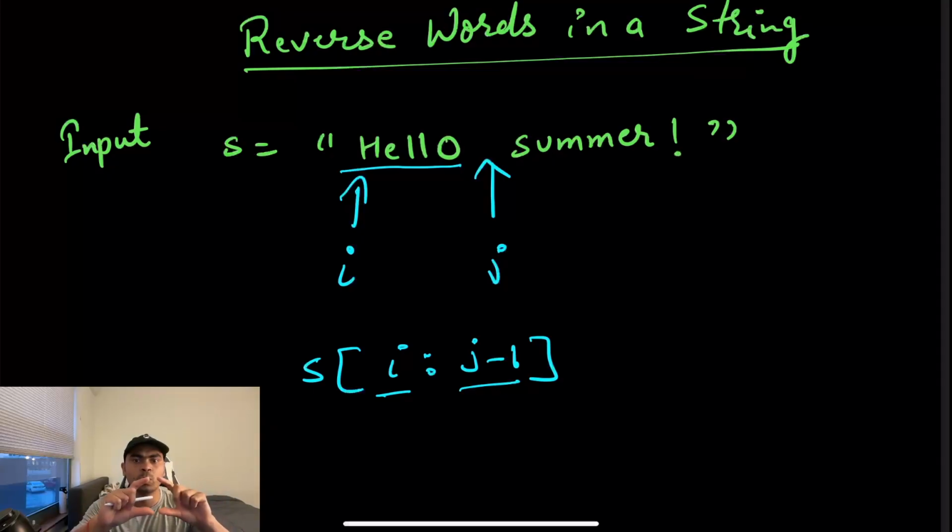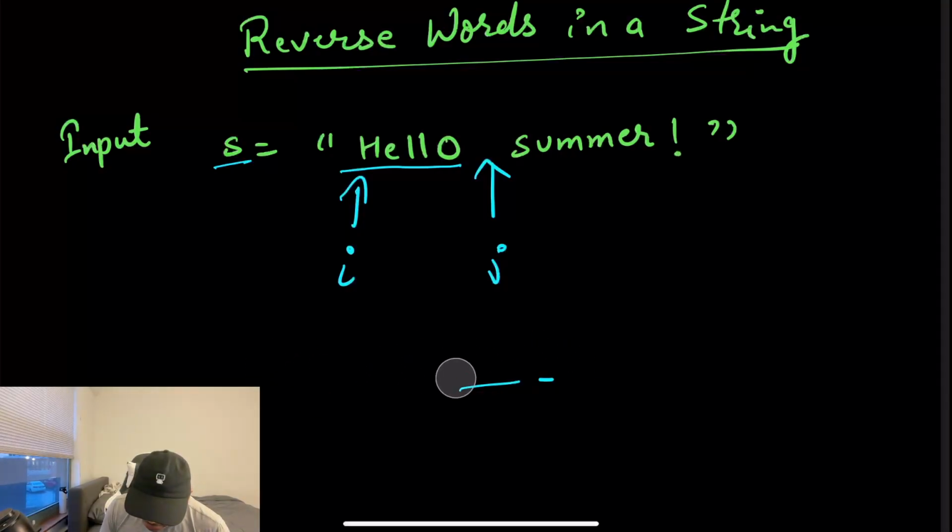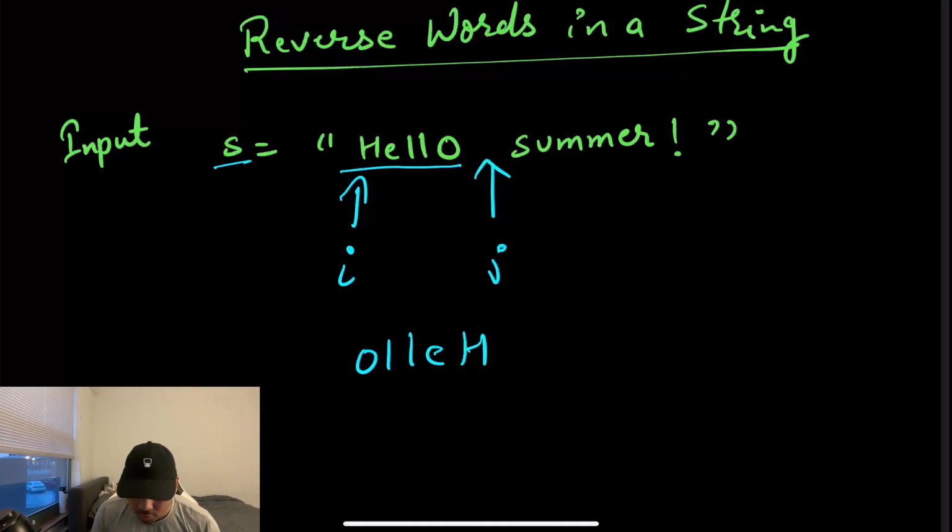We'll use S to create a list of characters, and then play around with these pointers to swap those values. Finally we will have "olleH".